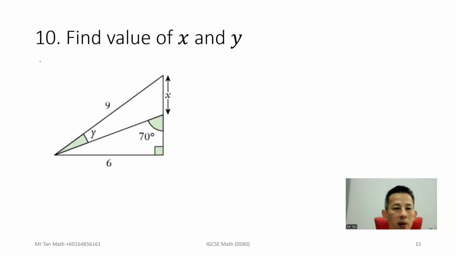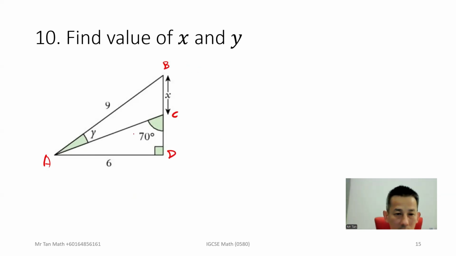Okay. Find the value of X and Y. Okay, X is here, Y is here. So first you identify the right angle triangle. Okay, if you look closely, you have one here. I label here as A, B, C, D for easy reference.